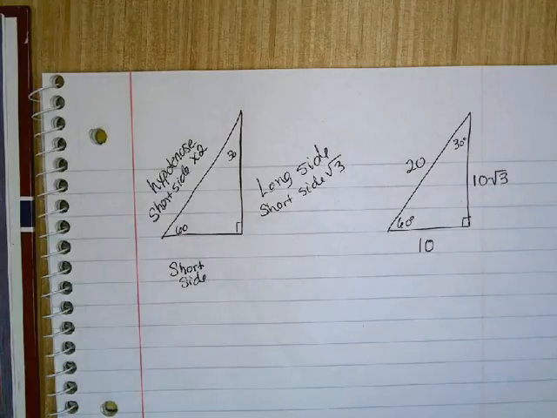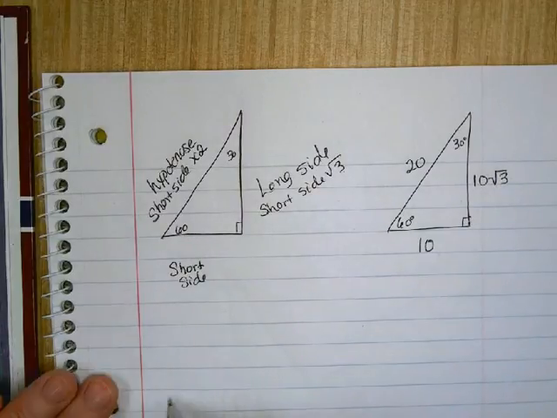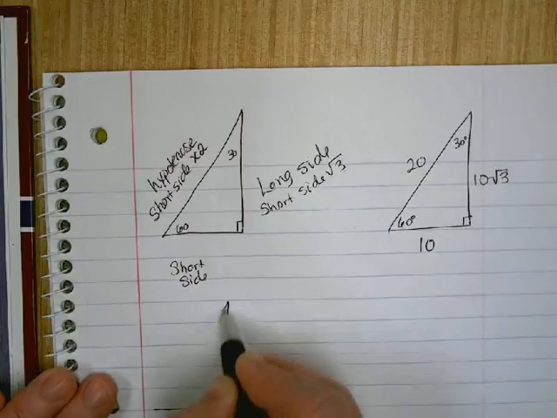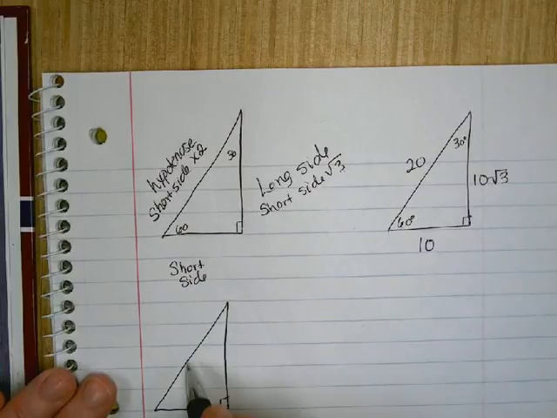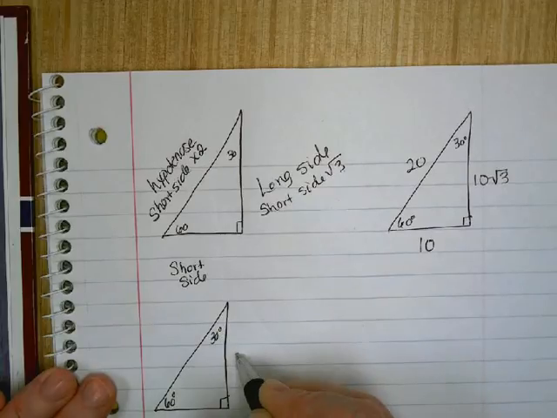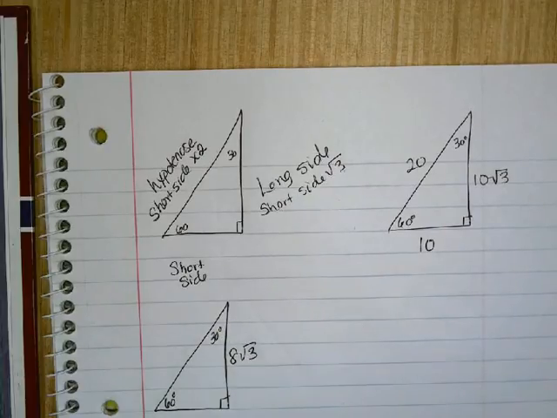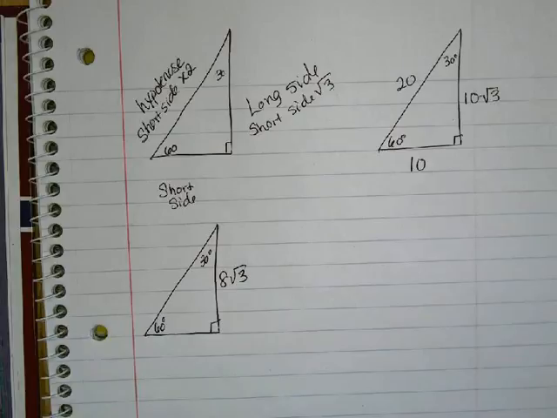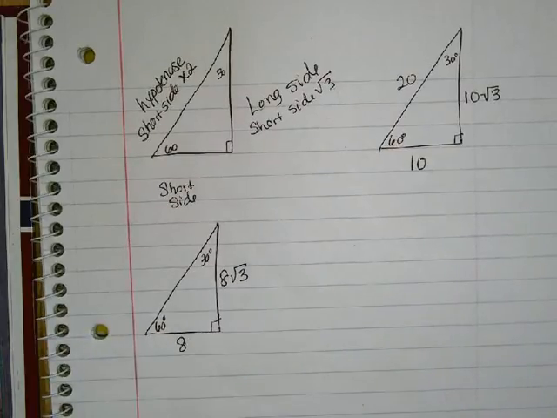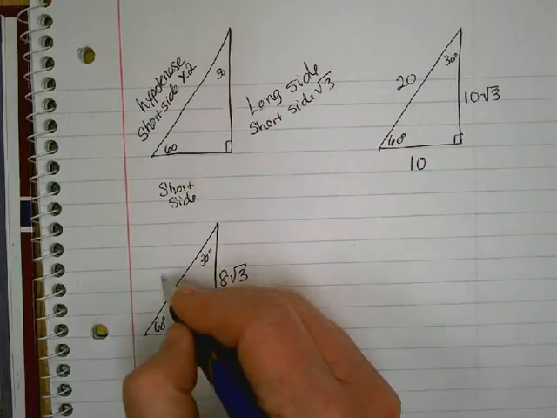Okay? Well, what about this? So that's 8 square roots of 3. Okay, good.